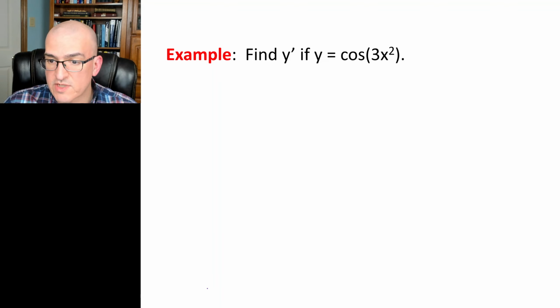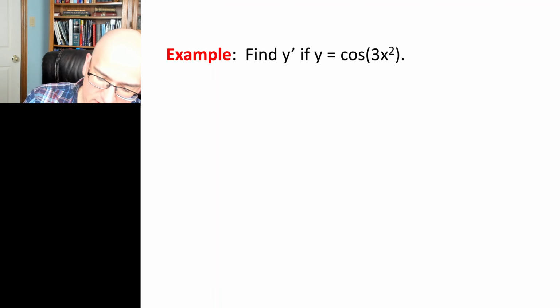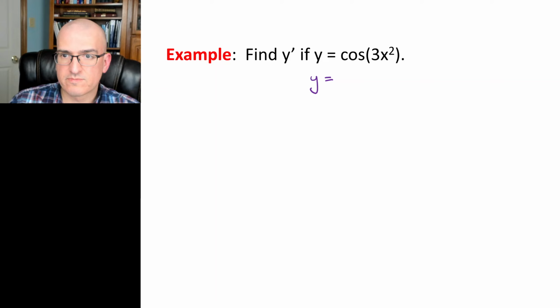So we have the cosine of something, cosine of some function with some function plugged into it. Let's make this look simpler. I'm about to introduce a new type of chain rule.